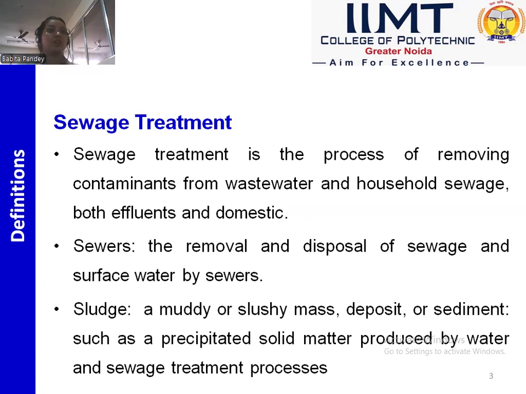We can define sludge as the muddy or slushy mass, deposit or sediment, such as precipitated solid matter produced by water and sewage treatment plants. These are some of the basic definitions which we use while dealing with the sewage treatment plant.